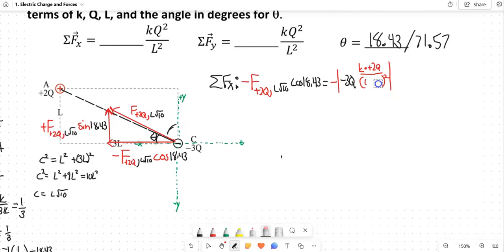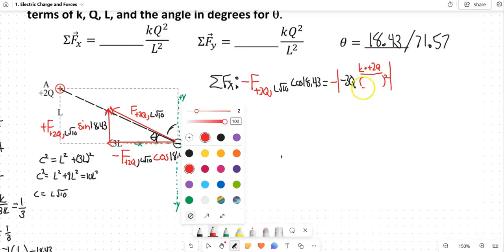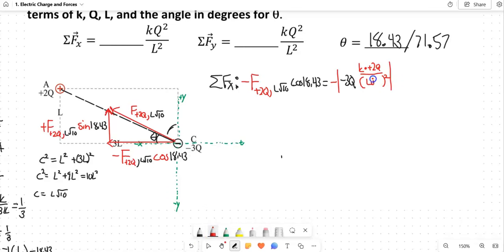And there we go. And then cosine of 18.43.